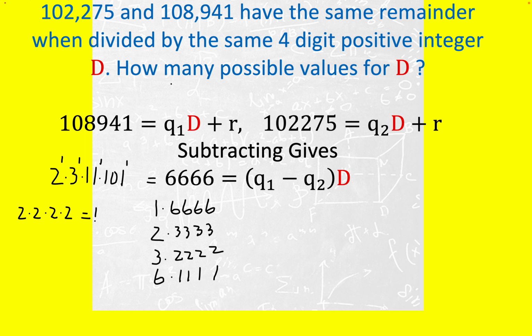Now, we've listed exactly 8 of the divisors, so there are 8 more to go, 4 more divisor pairs.